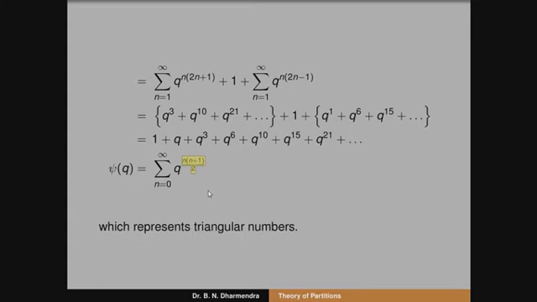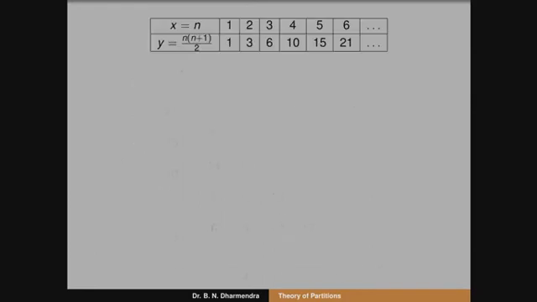For n is equal to 1, it is 1; n is equal to 2, it is 3; n is equal to 3, the term is 6; n is equal to 4, 10; n is equal to 5, 15; likewise.